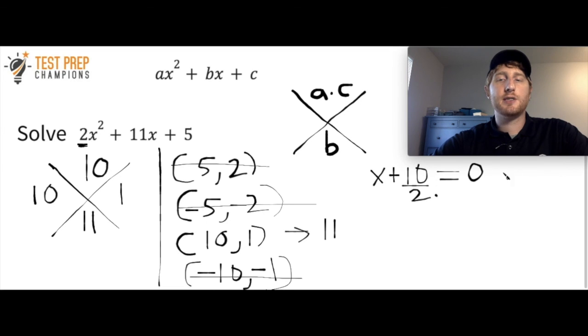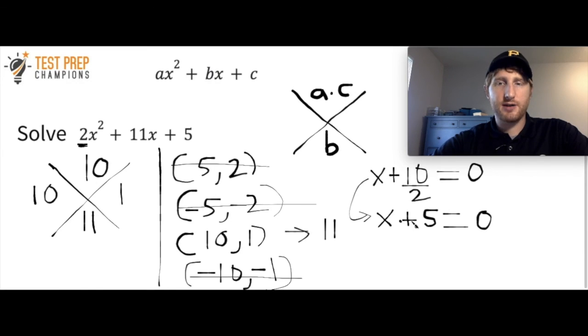So remember to do that step. 10 divided by 2 is 5, so I can really rewrite this as x plus 5 equals 0. Now, to solve this for x, I just subtract 5 from both sides, and I'll see that x equals negative 5. So that's one part of the solution here.